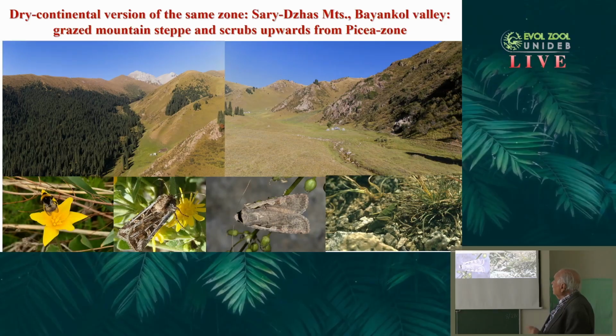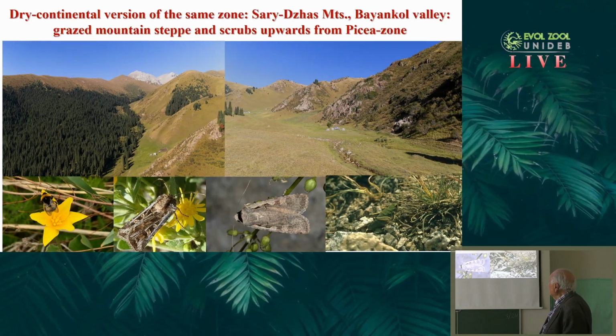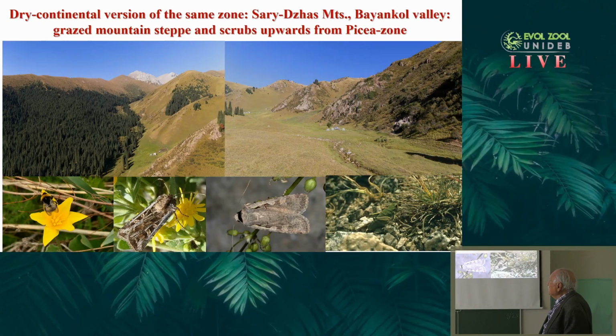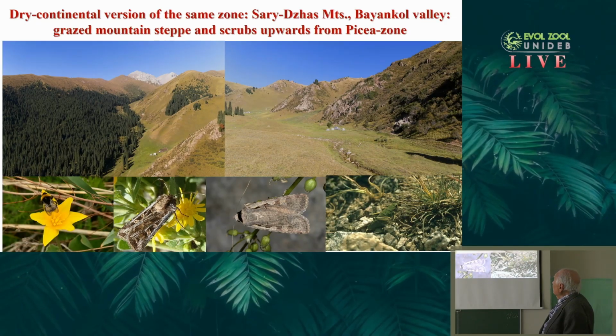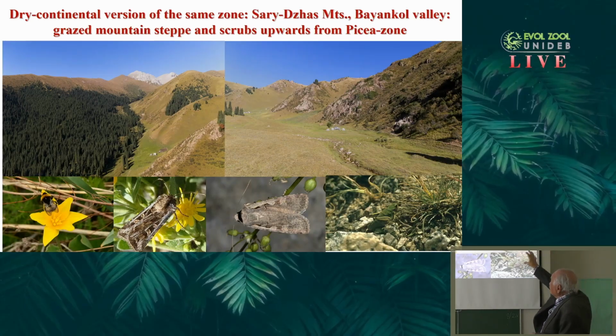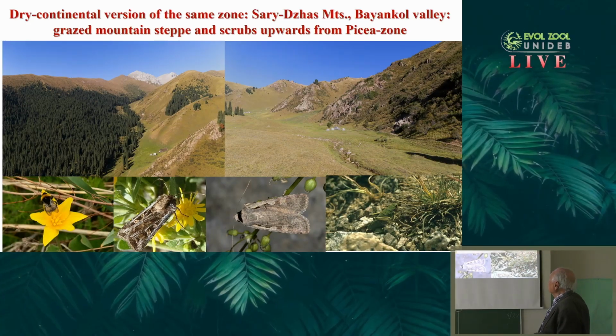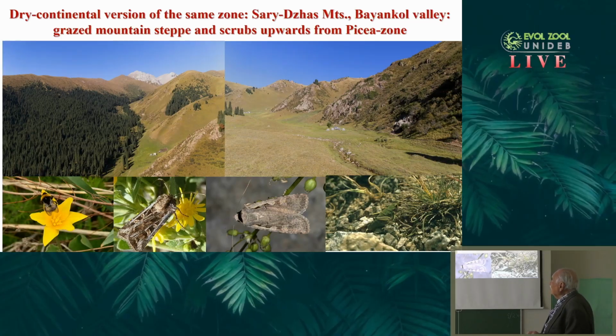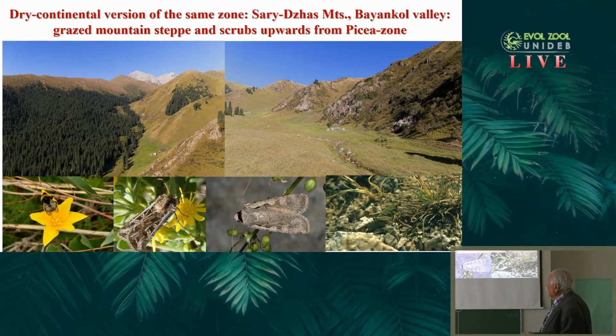Here we are in the nearest neighborhood of China, and this is the typical picture of this area. Grazed different types of grassland and scrubs, not very heavily, but usually grazed.